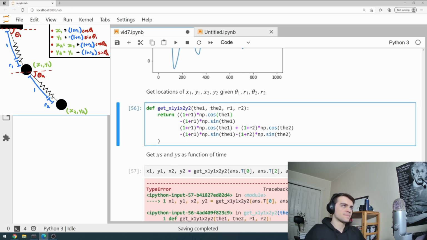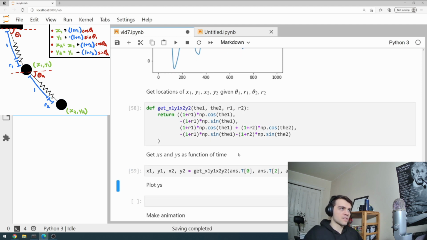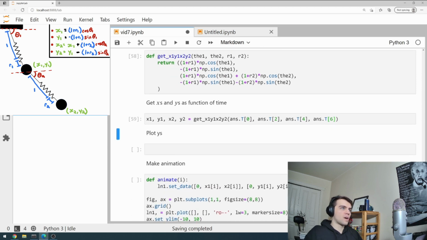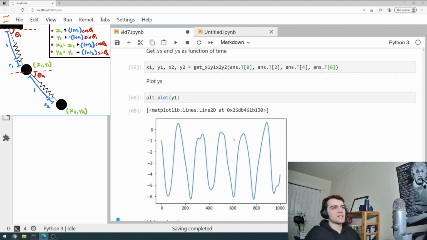And of course I need to add commas here because this is a tuple, a simple mistake. And now I have my arrays of x's and y's. So I can plot everything, of course. For example, I could plot y1 as a function of time. And you can see it does somewhat of a bizarre behavior.